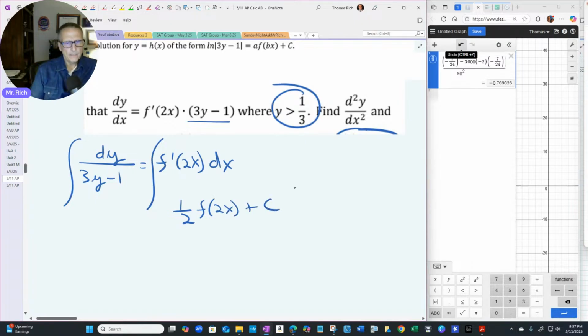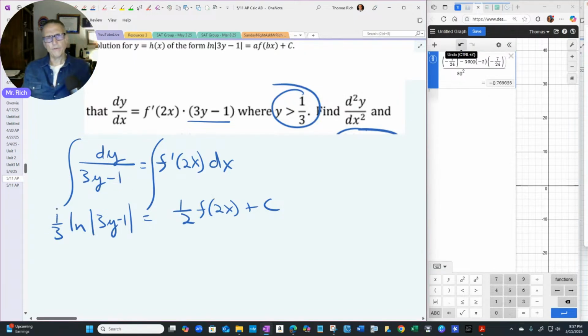And then over here, this will be 1/3 natural log of the absolute value of 3y minus 1. Remember, you're using u substitution here, but as long as this is a linear function, we just know that through u sub, it's going to put a 1/3 coefficient.